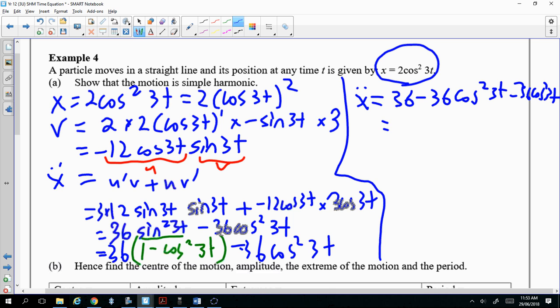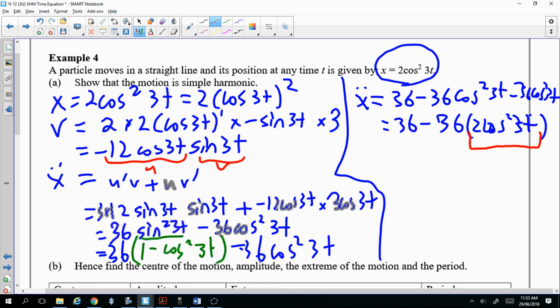But the good thing is this is x. That's your x. So you can write it as 36 minus 36x, which is negative 36 times (x minus 1). We got it. Therefore, it's simple harmonic.